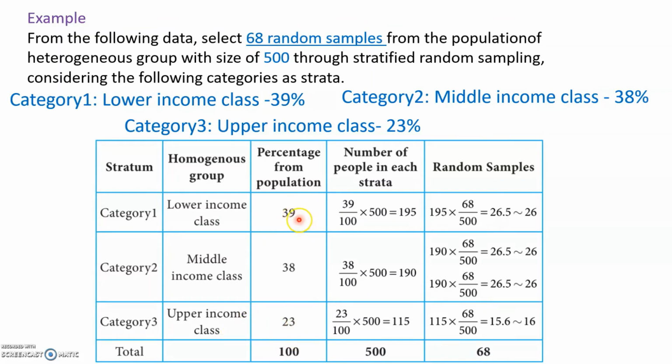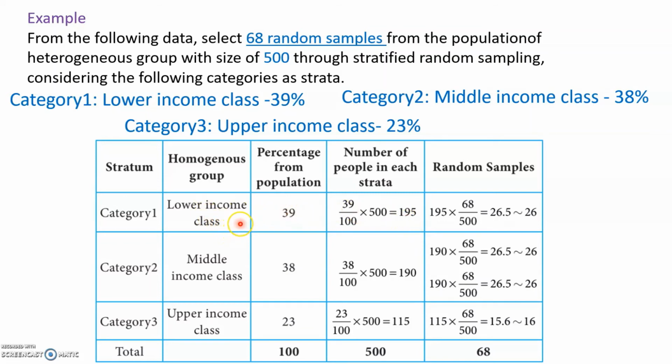So I will apply this percentage onto the population, which is 500. If I say 39 over 100 times 500, this gives me 195, which means there are 195 people in the population who belong to the lower income class.